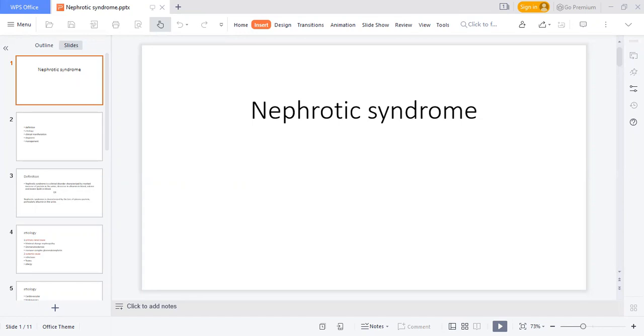So this is, suppose, the loop of Henle. And then this is the distal convoluted tubule, and finally the collecting duct in which the urine is collected. So this is the normal structure of the nephron.